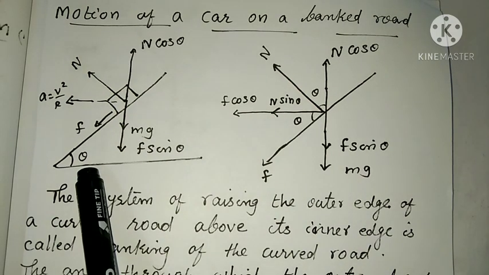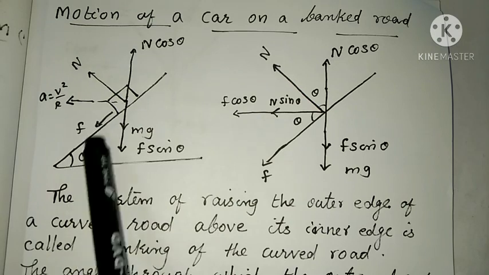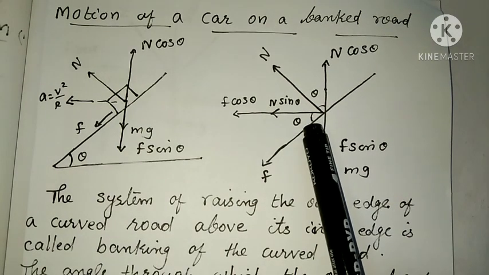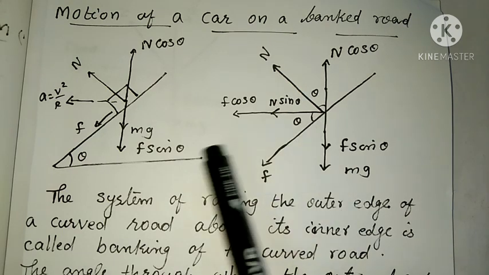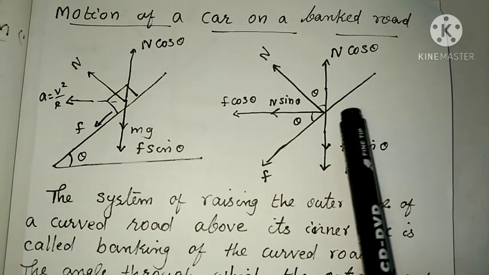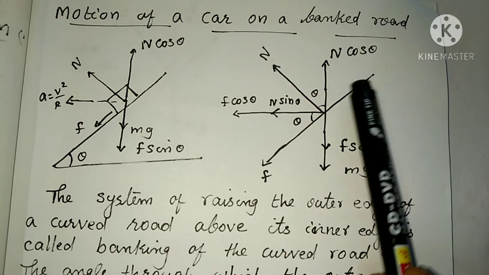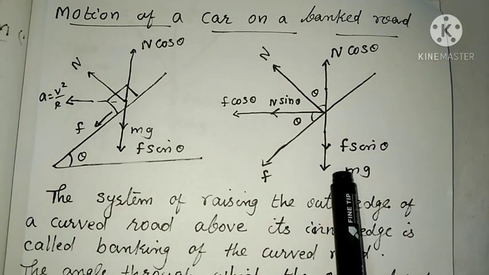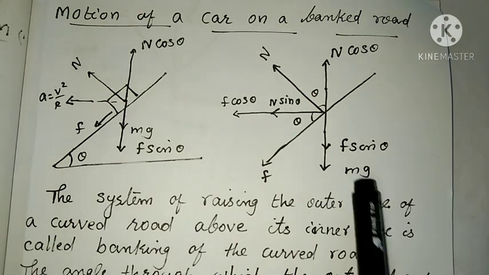Here the road is banked, that is, inclined at an angle theta, so N and F make an angle theta with the horizontal and vertical directions. So N splits into N cos theta and N sin theta, and F splits into F cos theta and F sin theta.